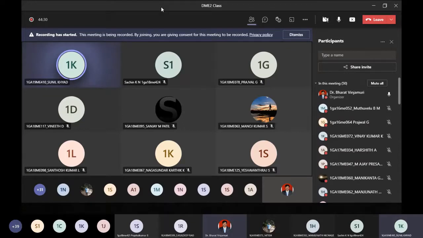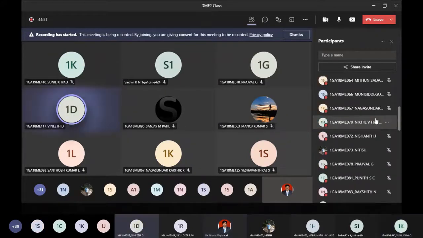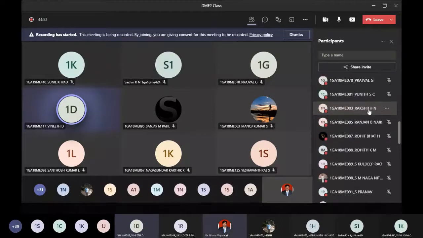Sunil, last chance, else I'll be forcing you to be removed. Vinith, yes sir, formula of torque. Sanjay Patel, yes sir, what is the formula of torque?